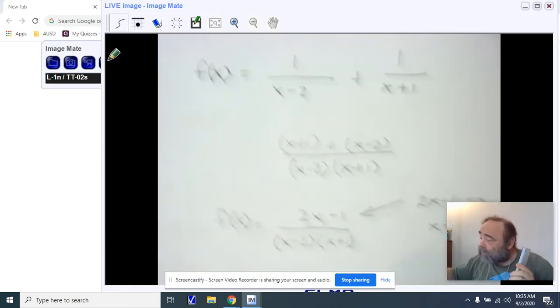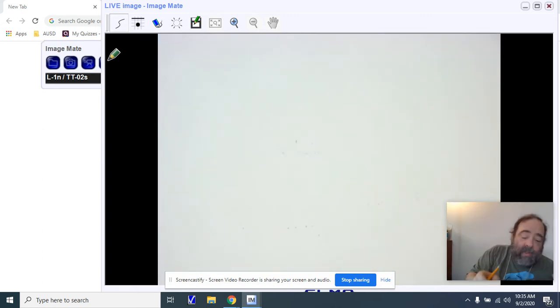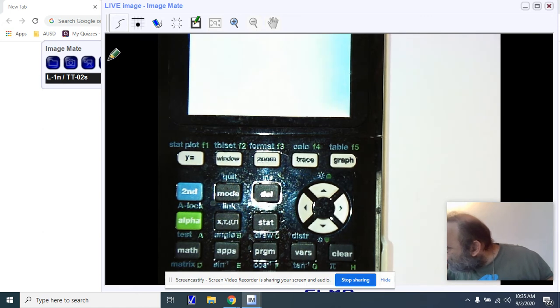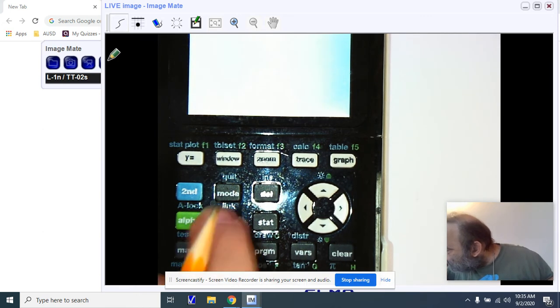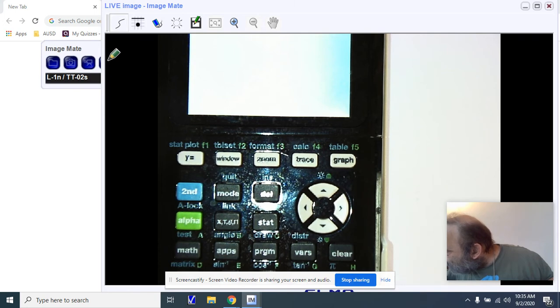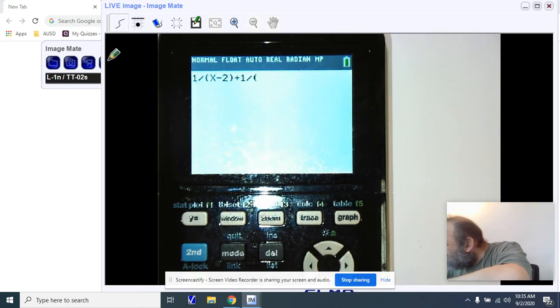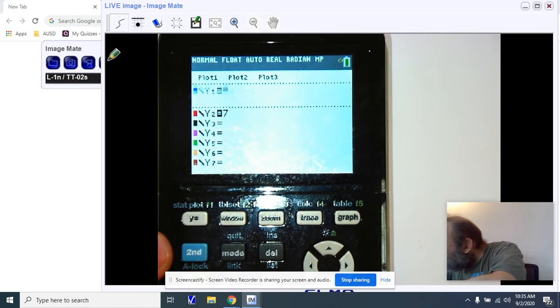Now, if we're just working with our graphing calculator, you're going to want to put the equation into the graphing calculator. So I'm looking at 1 divided by x minus 2 plus 1 divided by x plus 1. You can't see that. Well, let me go back to y equals and try this again.